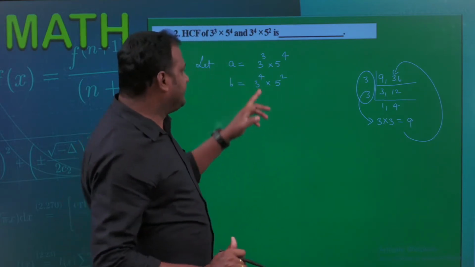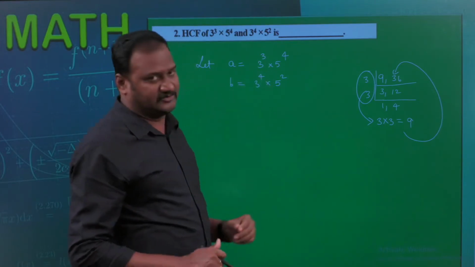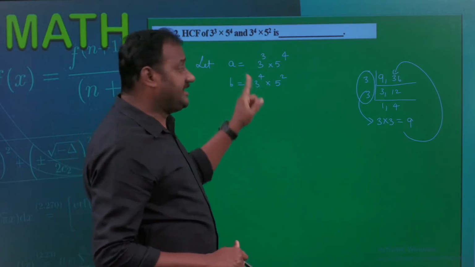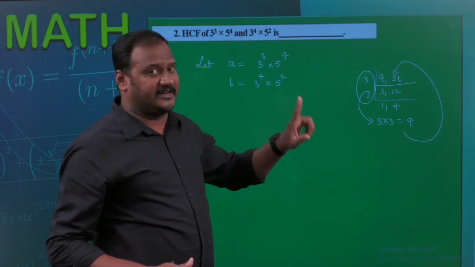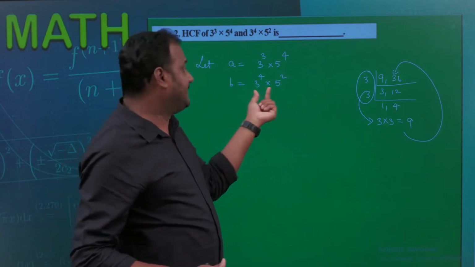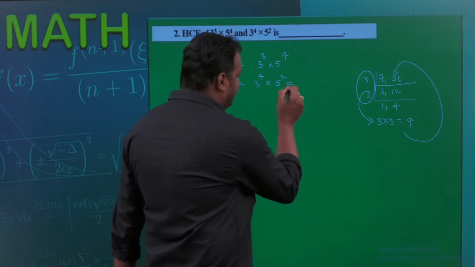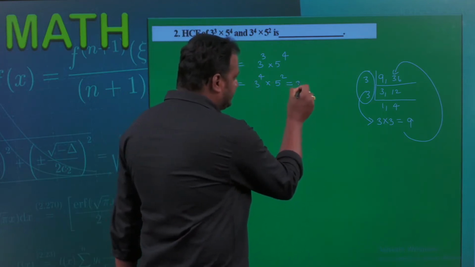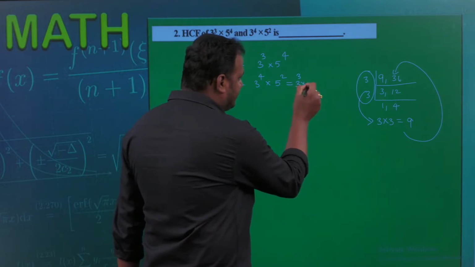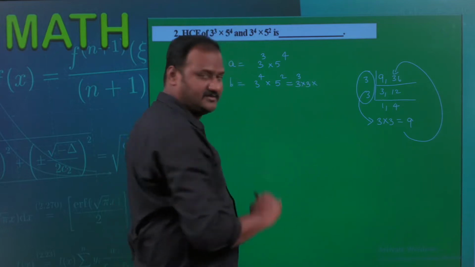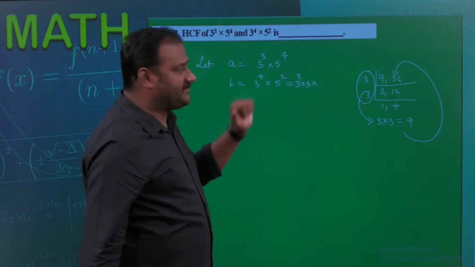Okay. See here 3 power 3 and 3 power 4. Is 3 power 3 bigger than 3 power 4 or 3 power 4 bigger than 3 power 3? 3 power 4 is bigger than 3 power 3. So I would like to write 3 power 4 as 3 power 3 into 3, and 5 power 2 and 5 power 4.